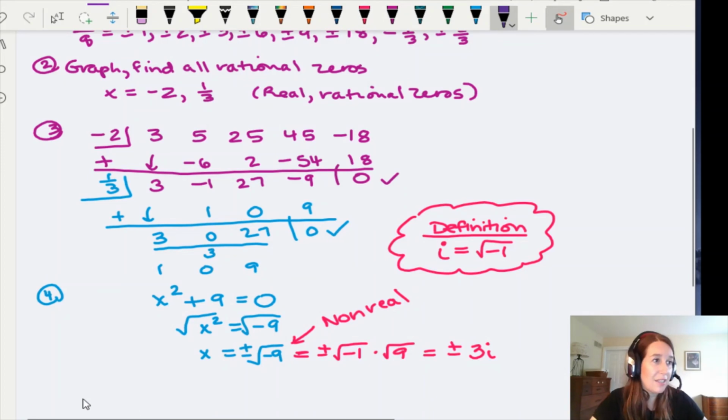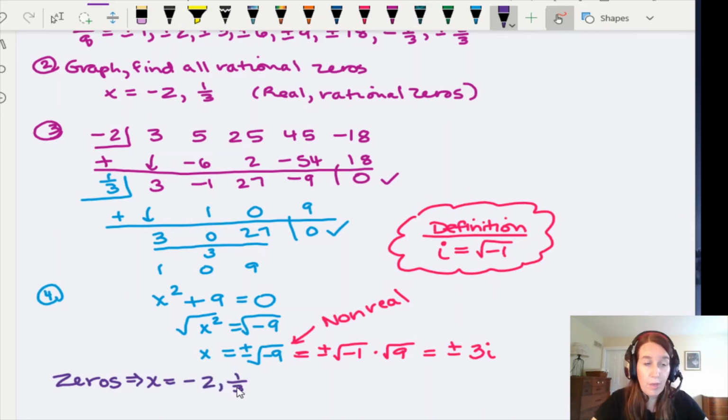So let's list the zeros, so our answer, right? The zeros for this function are x equals -2 and positive a third, and then we have 3i and negative 3i. Okay, and then we also asked for factored form.